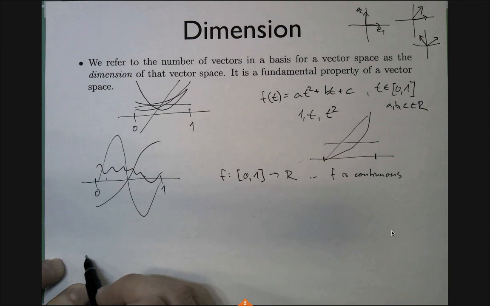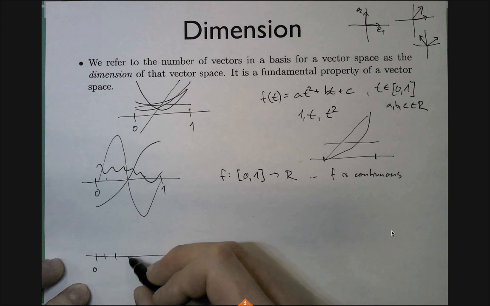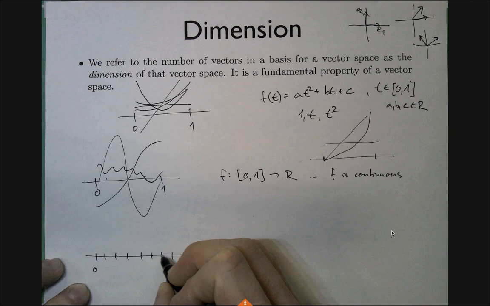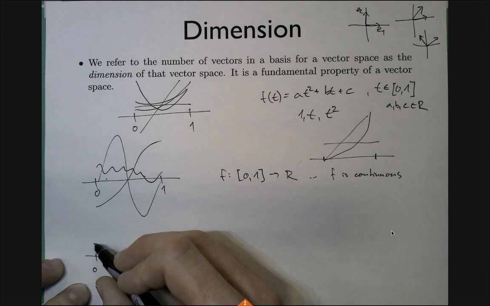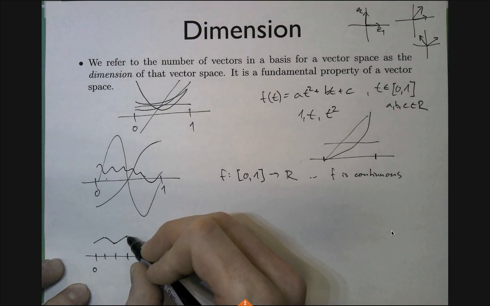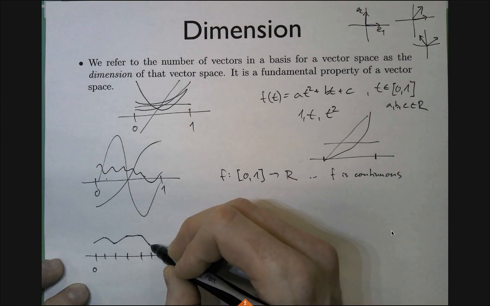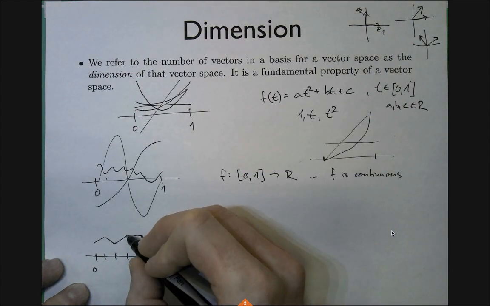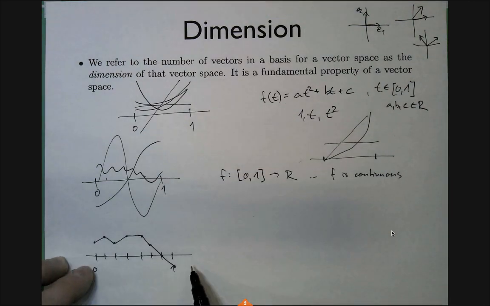But what we can do instead is take the interval from 0 to 1, subdivide it into some smaller pieces, and then use the vector subspace of functions which are piecewise linear. What I mean by piecewise linear, or piecewise affine to be more accurate, is that I just draw a line on each of these intervals. So piecewise linear functions on this interval.